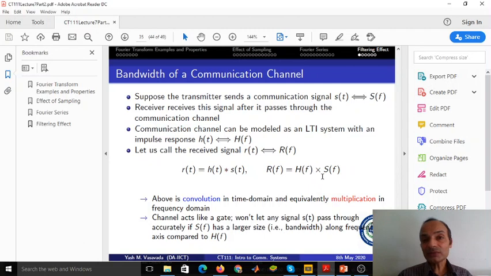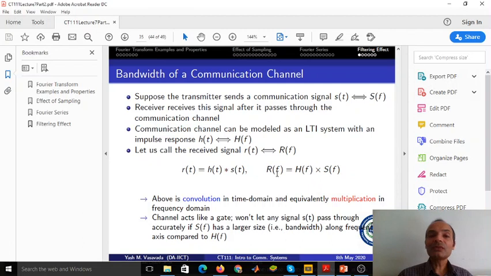If it is not wide enough, and that is why I said it is the relative part which matters, relative to the width of capital S of f, if capital H of f is not wide, then the entire spectrum of S of f will not get through the communication channel.